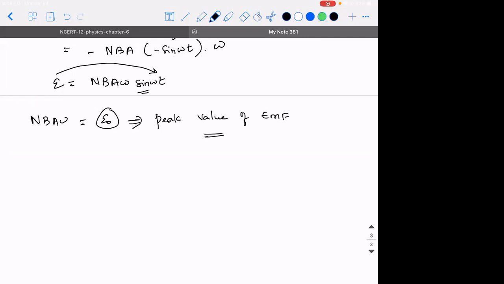In the next chapter, this is the expression with which we are going to start: E is equal to E naught sine omega t, where E naught is NBA into omega. Am I clear? So E will be equal to E naught times sine omega t. Shall I proceed?